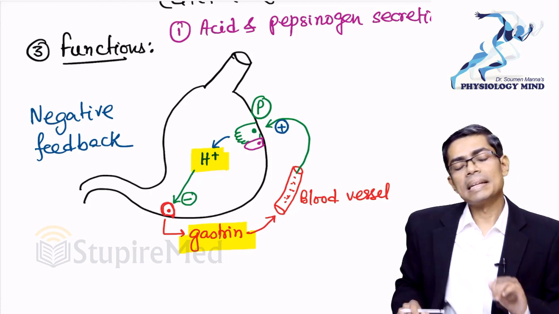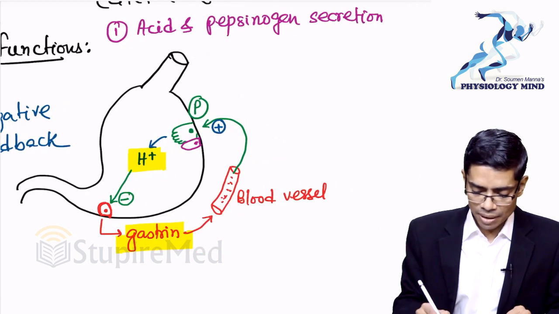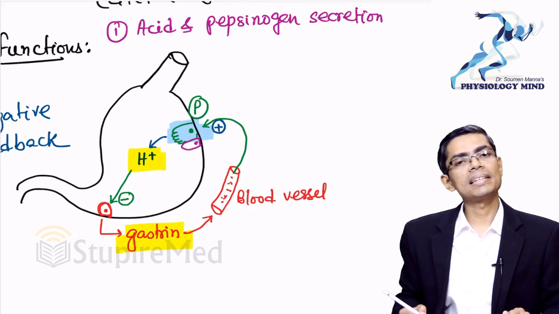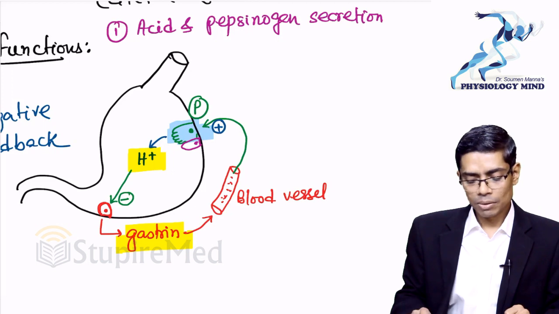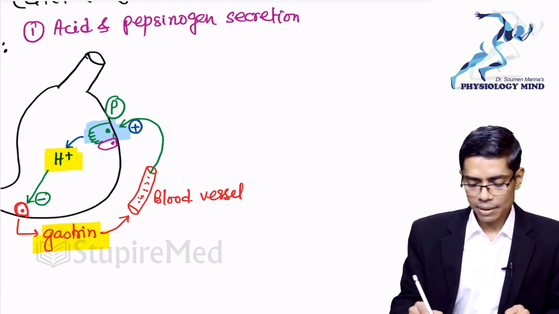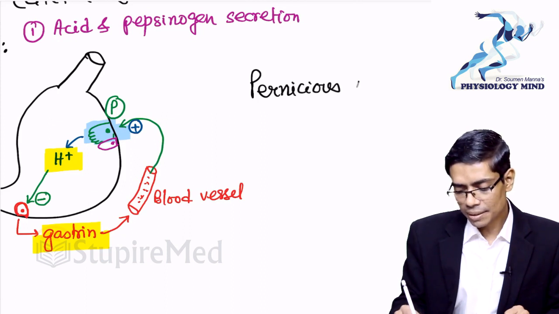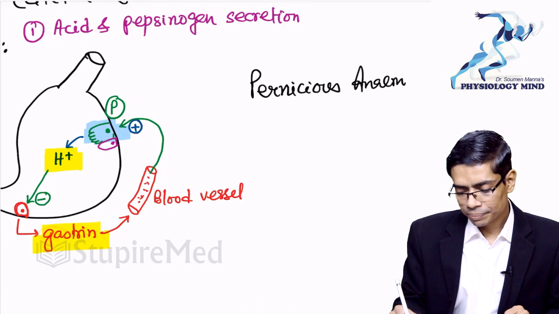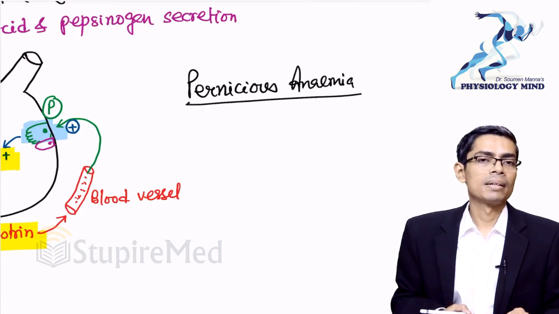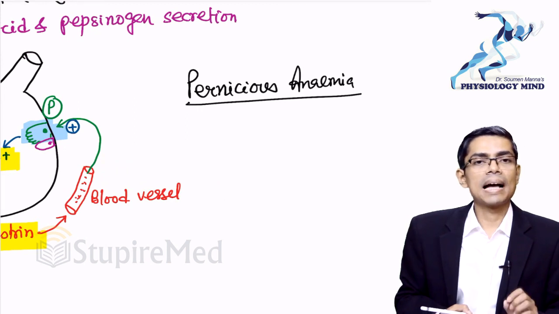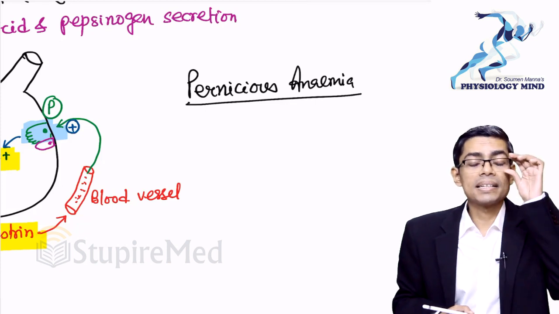Now, this negative feedback mechanism will be disrupted if there is destruction of the parietal cell, which is very common in case of pernicious anemia. Why? Because in pernicious anemia, in 95% of cases, there are anti-parietal cell antibodies.